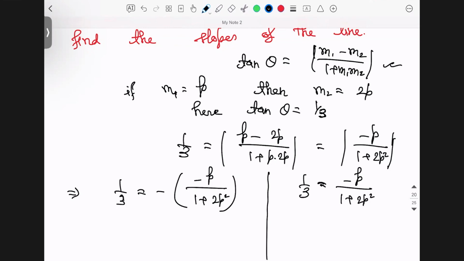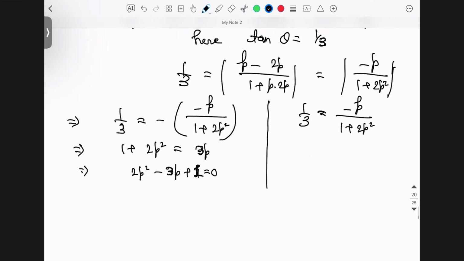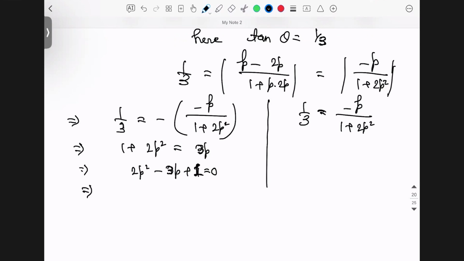Now let us simplify all these things. In this case, if I simplify it, we get 1 plus 2p squared equals 3p, which ultimately gives 2p squared minus 3p plus 1 equals 0. Let's factorize it: 2p squared minus 2p minus p plus 1.